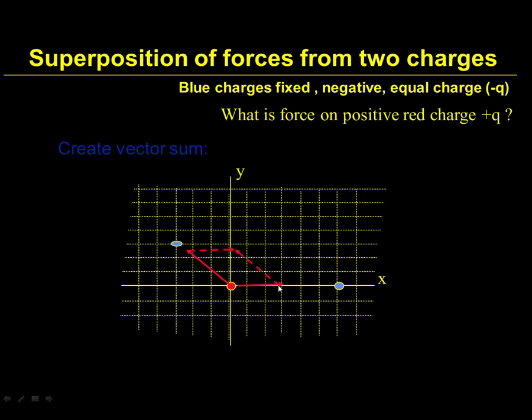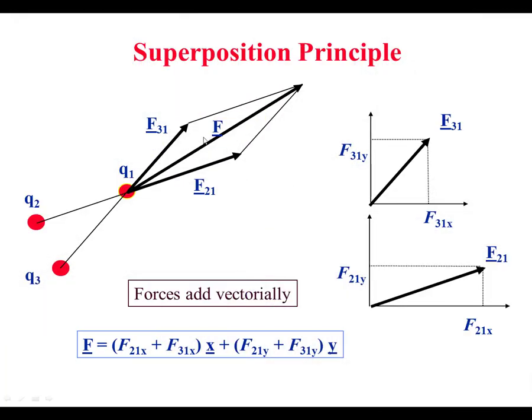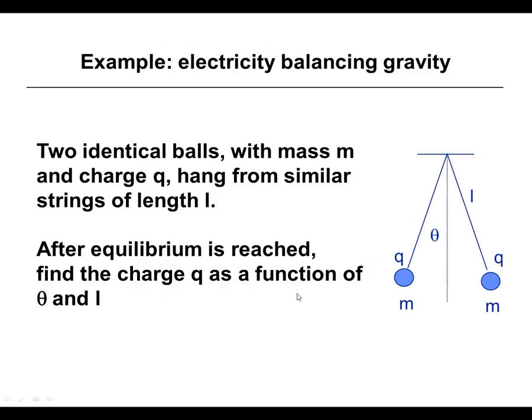The superposition of these can be explained by the vector diagram, and we can add the two vectors. And here is the net force. For example, the superposition principle: you see q1, q2, and q3, and here is the force between q2 and q1. Here is the force between q3 and q1, and F is the net force. Forces add vectorially. This is the main principle of electrostatics.